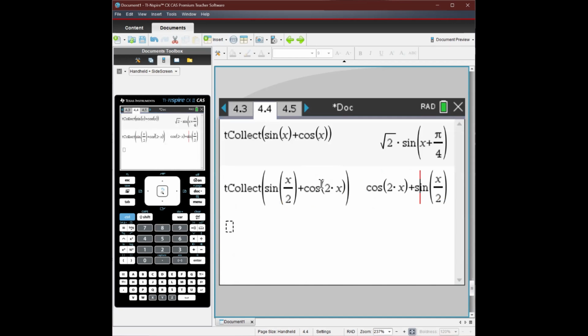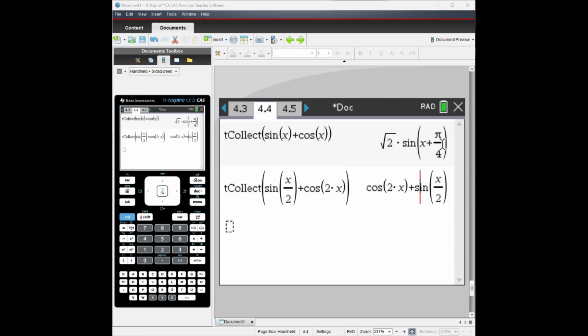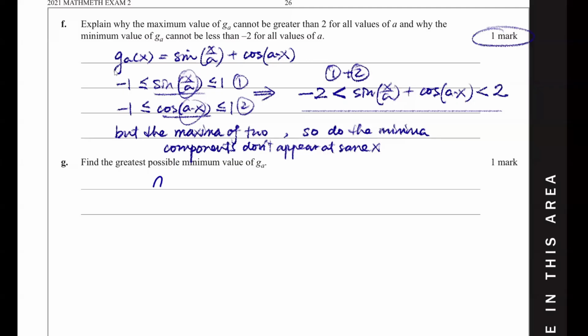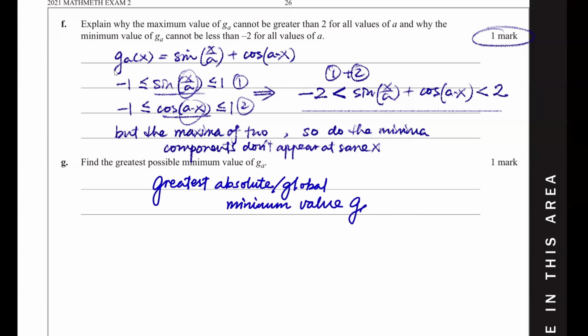So the answer is minus √2, okay? This occurs at a equals to 1.